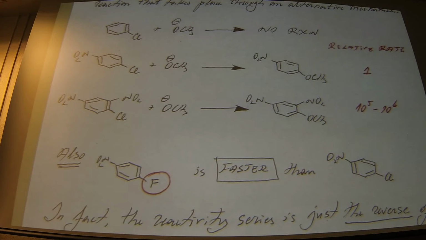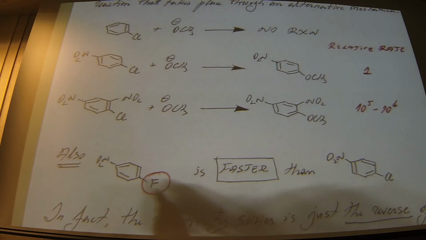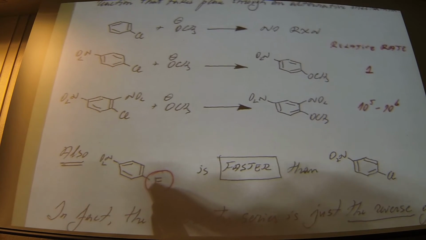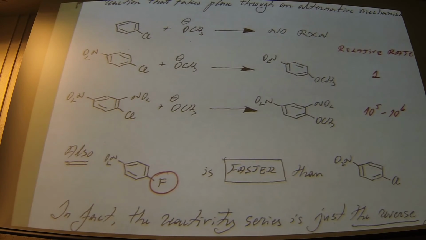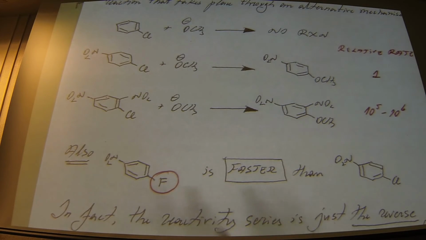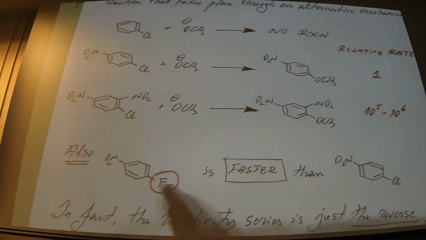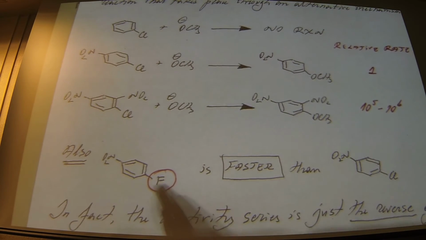The fact that here the fluorine reacts faster than chlorine, faster than bromine, faster than iodine, tells you that we're not breaking this bond in the rate limiting step. The rate limiting step does not involve cleavage of the carbon fluorine bond. In fact, because fluorine is more electron withdrawing than chlorine, this actually accelerates the reaction.